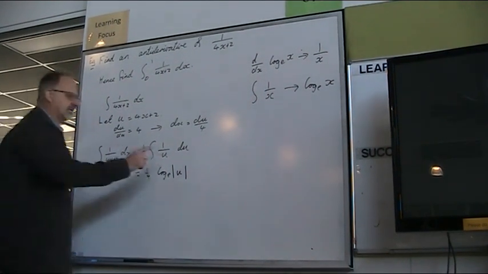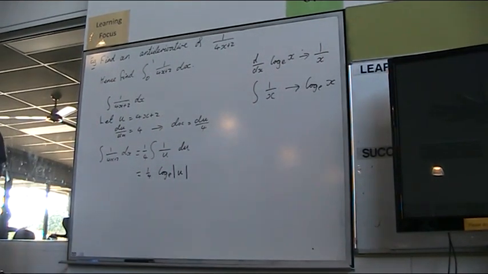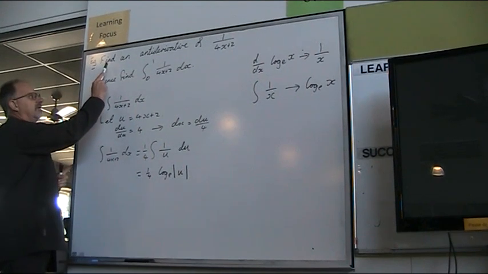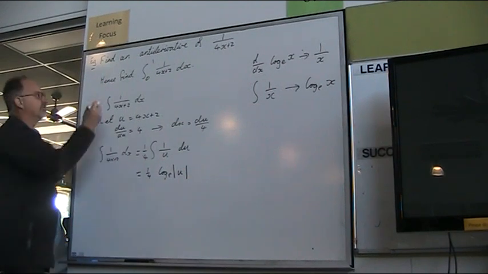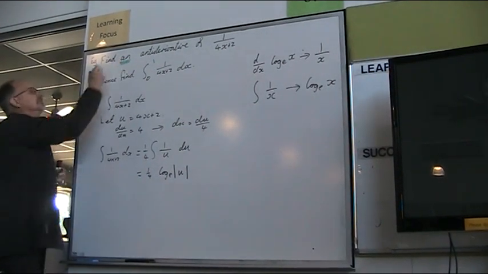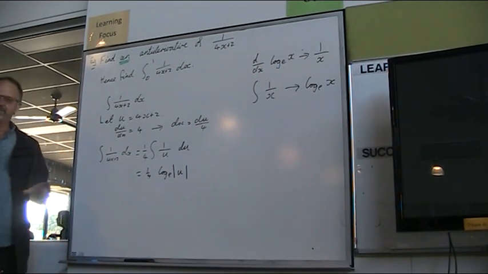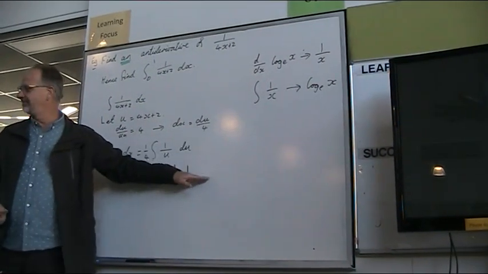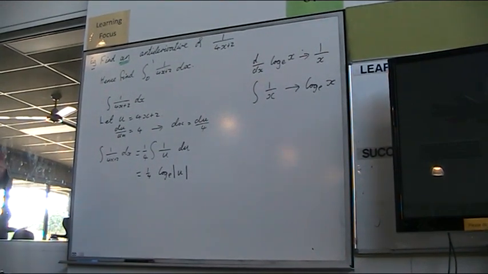Now, this is a subtle thing that you need to notice when you're reading the question. Those very first ones, the questions were worded, find the antiderivative of. This one says find an antiderivative. So when it says an antiderivative, usually you won't see a constant there, because the constant could be some number.